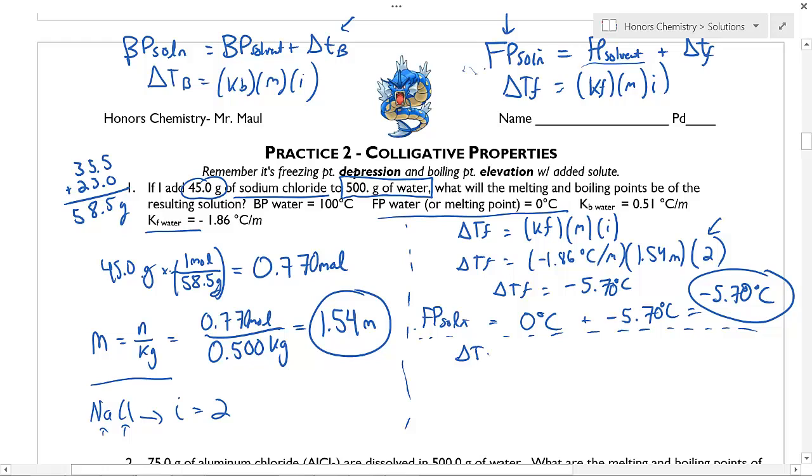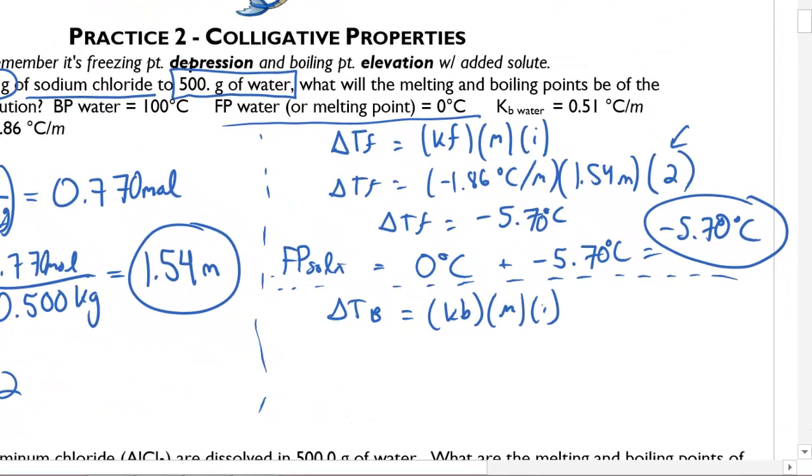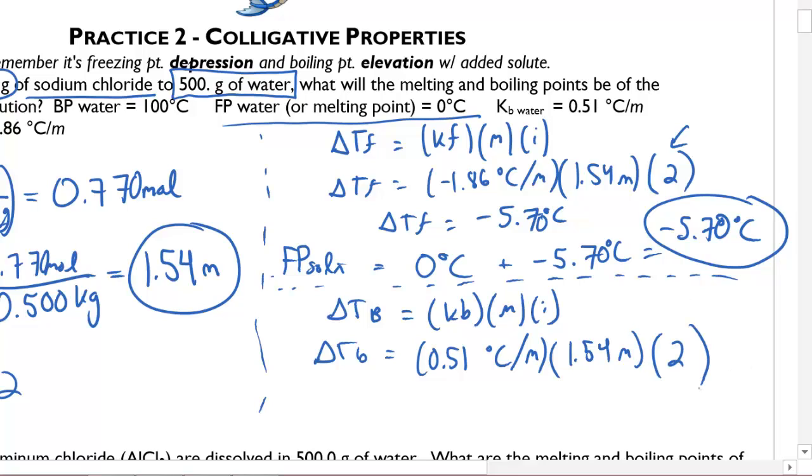So I'm going to go ahead and calculate the change in the boiling temperature is equal to Kb times m times i. And so when I plug these numbers in, the Kb for water is 0.51 degrees Celsius per molality, multiplied by my molality, which I calculated earlier, was 1.54, and then multiply that by i, which for this compound was 2.